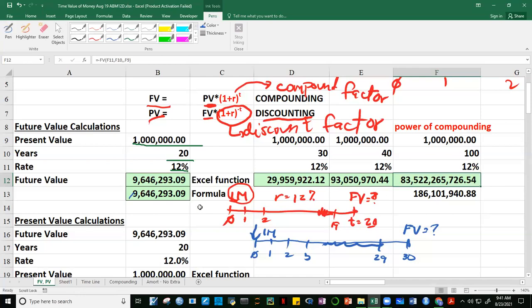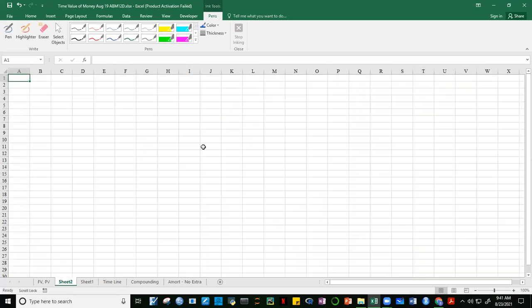Okay, so let's do this. Kindly insert a new worksheet here. Maglagay tayo ng worksheet. Okay, ilagay natin yung rate natin na ang rate is 12%. Tapos yung present value natin na 1 million. Okay, 1 million. No?